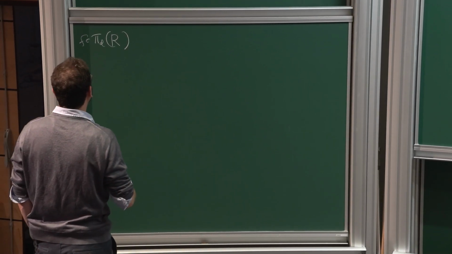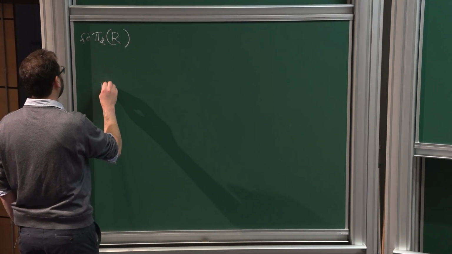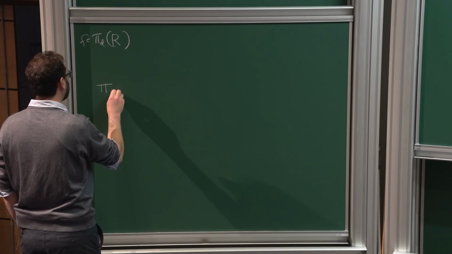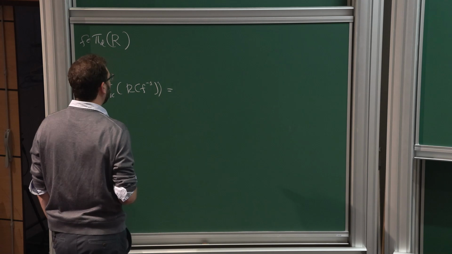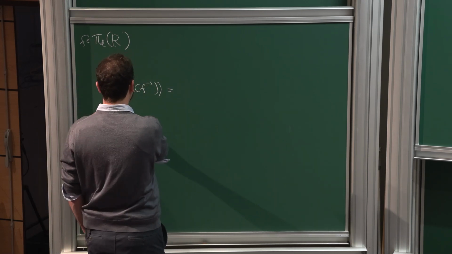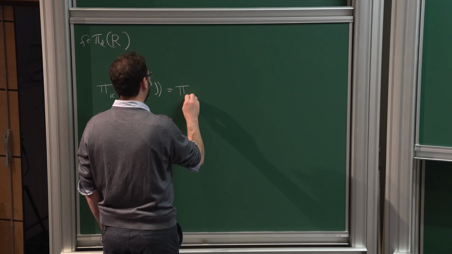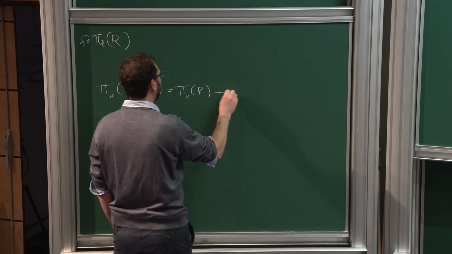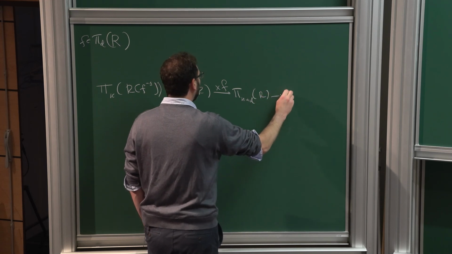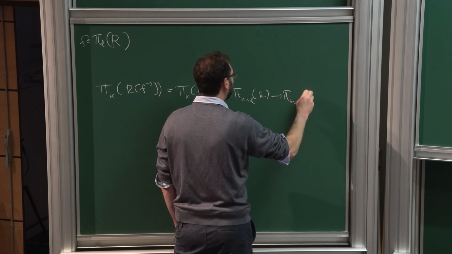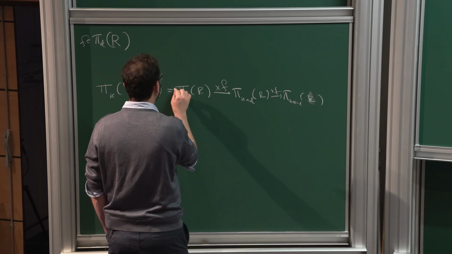If you have a ring in the world of spectra, you can define R with f inverted, and the homotopy groups of that spectrum will be the following colimit: contributions from pi k of R, but also from pi k plus d, pi k plus 2d, and we take the colimit of this.